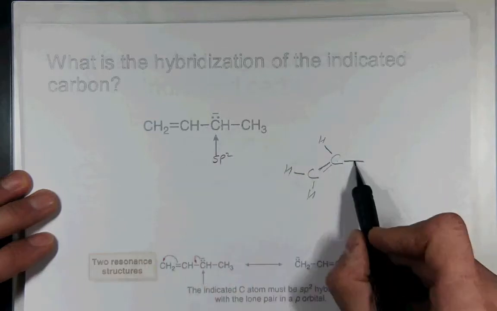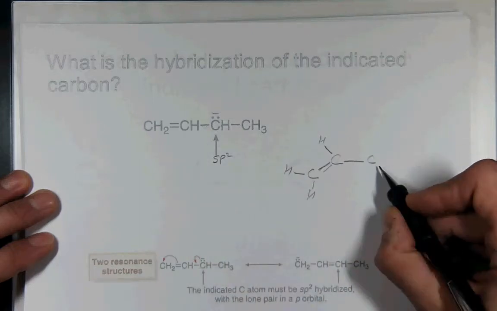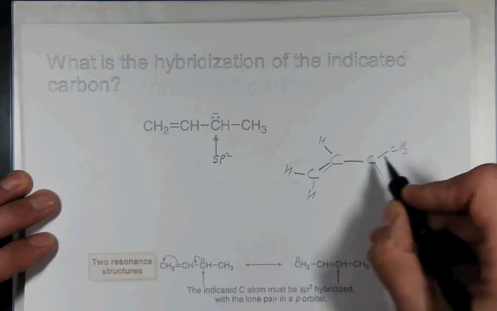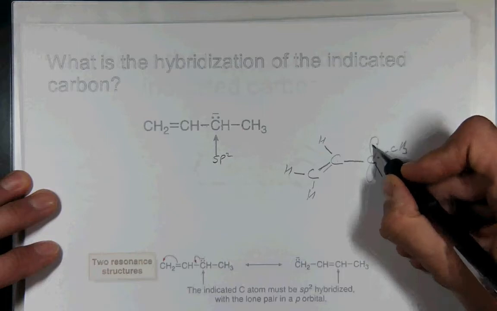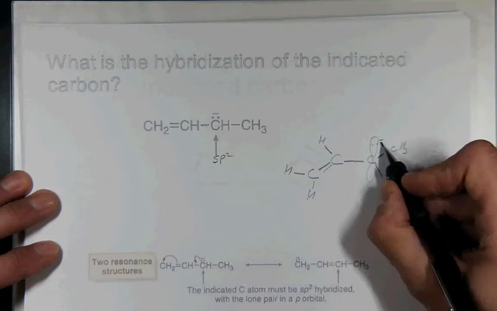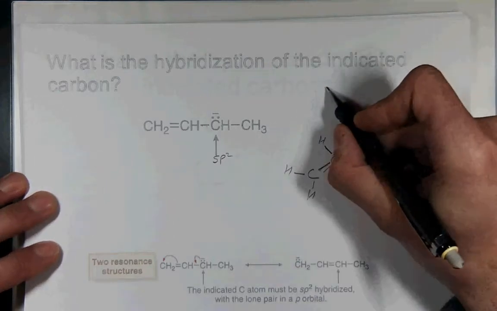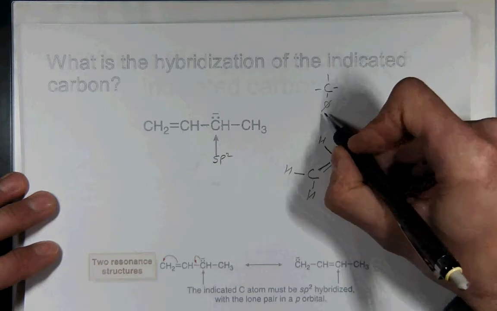So this bond here is a sigma bond. We have an unhybridized p orbital with a pair of electrons in it. It's not bonded to anything, so it's got a negative charge. Remember, if carbon has 4 bonds, it's neutral.